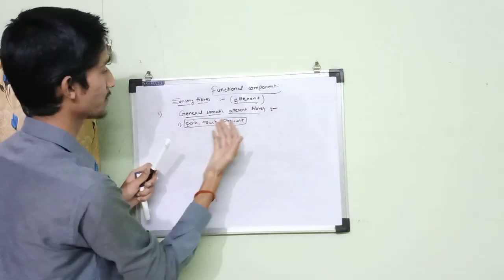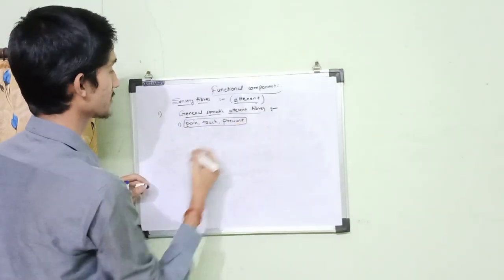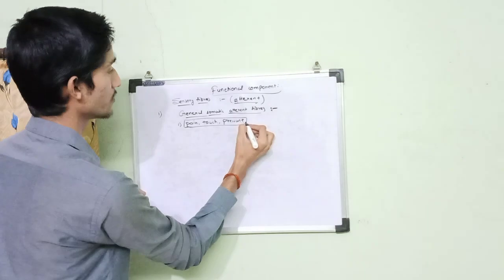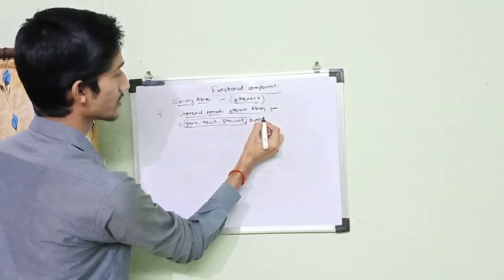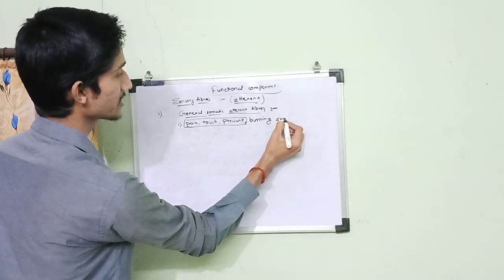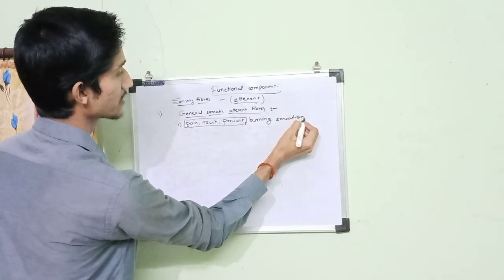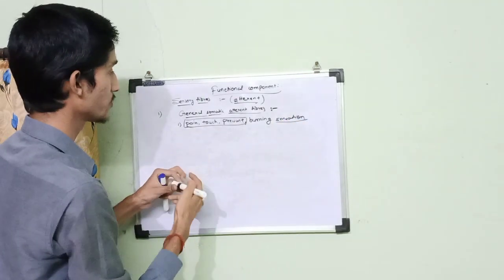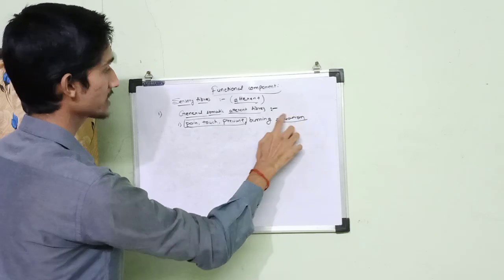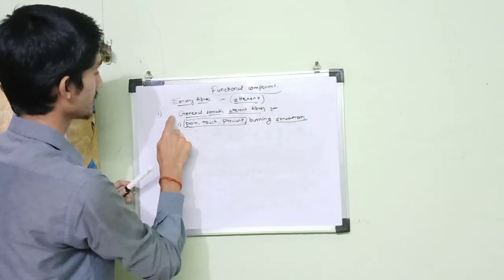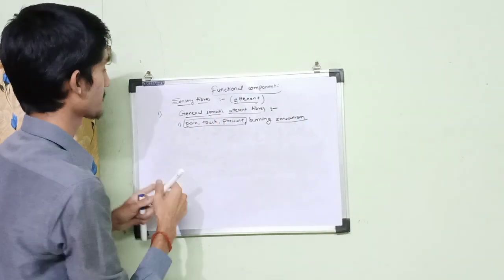So all the pain, touch, pressure sensations, and burning sensations, they all are sensory stimulus and are going to be read by general somatic afferent fibers.